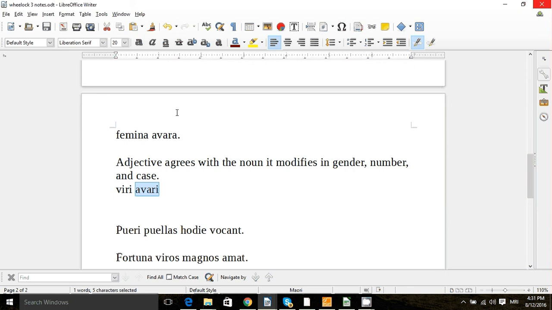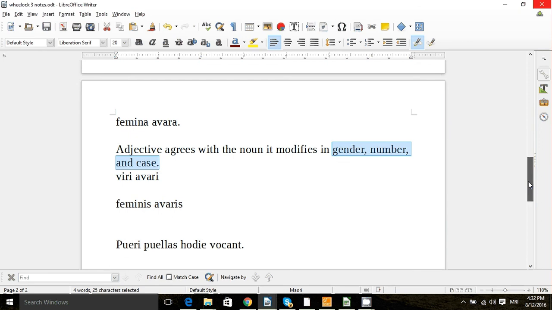Or we could have feminis avaris. He gave money to the greedy women. Feminis is dative plural feminine, so avaris has to be dative plural feminine. So the adjectives agree with the noun they modify in gender, number, and case.